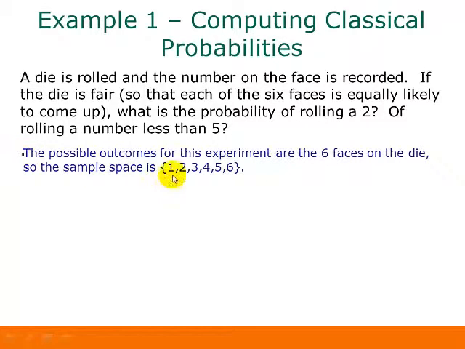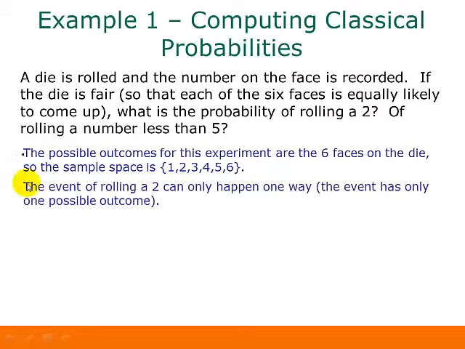So our sample space is the numbers 1 through 6. Now, the event of rolling a 2 can only happen in one way. The event has only one possible outcome. So the number of ways the event can happen is 1. The number of outcomes in our sample space is 6. So the probability of our event is 1 divided by 6.